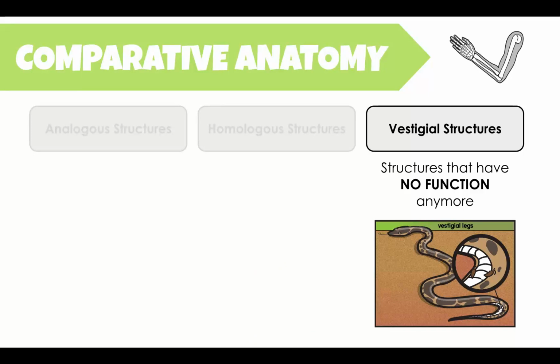So that shows that descent with modification. We've descended from something with these structures, but we no longer use them. So that comparative anatomy can be very powerful in showing who's related to who, how we've been descent with modification over time.